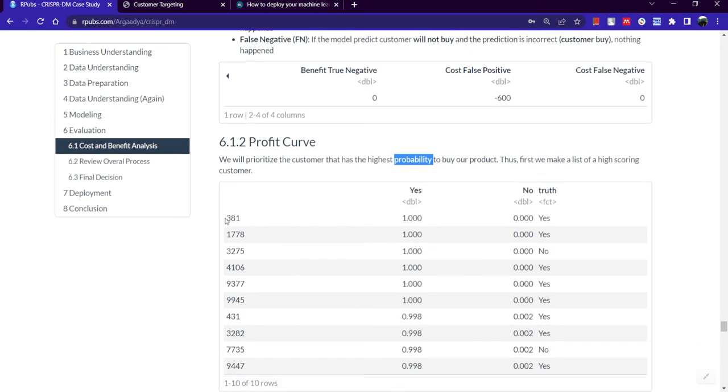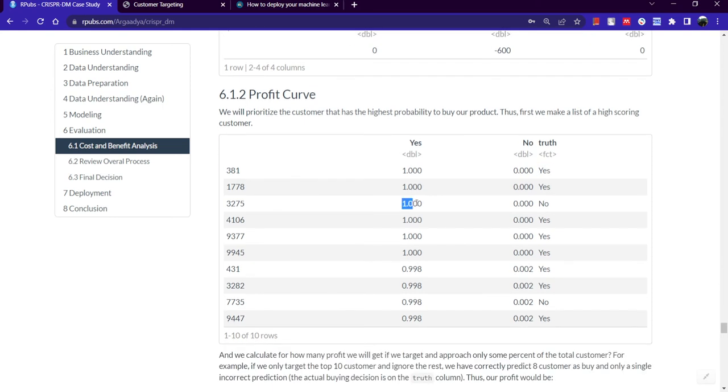For example, here for customer ID 381, the system gave a probability that he is a 100% potential customer, and the truth is yes, and actually it is. So this is under true positive, and same for the second case.